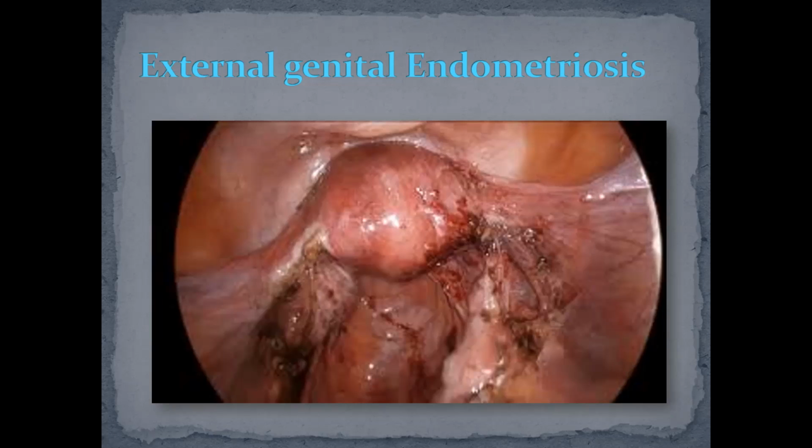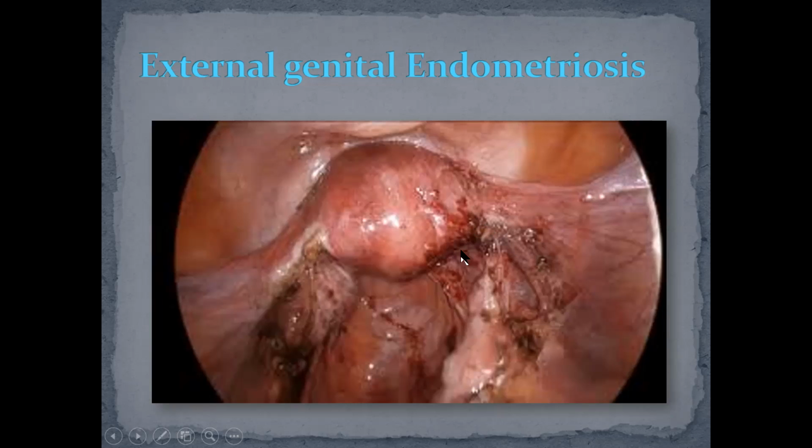And there are two different types of endometriosis, and external genital endometriosis is one of the causes for the tubal peritoneal infertility. In these pictures, we clearly see the differently shaped and sized endometriotic lesions that lead to the deformation of the genital organs.